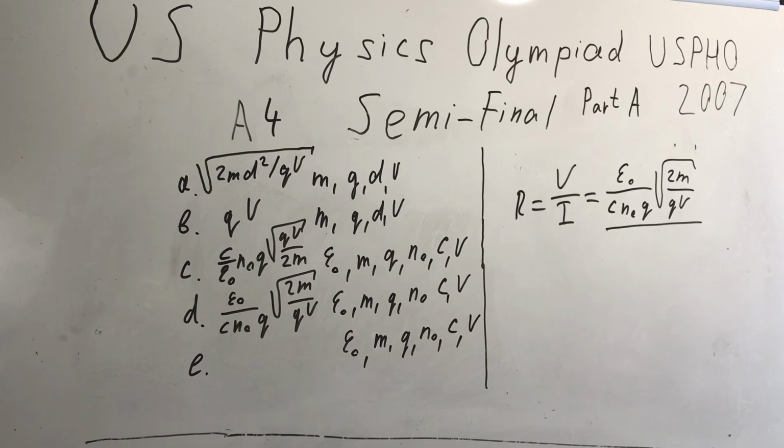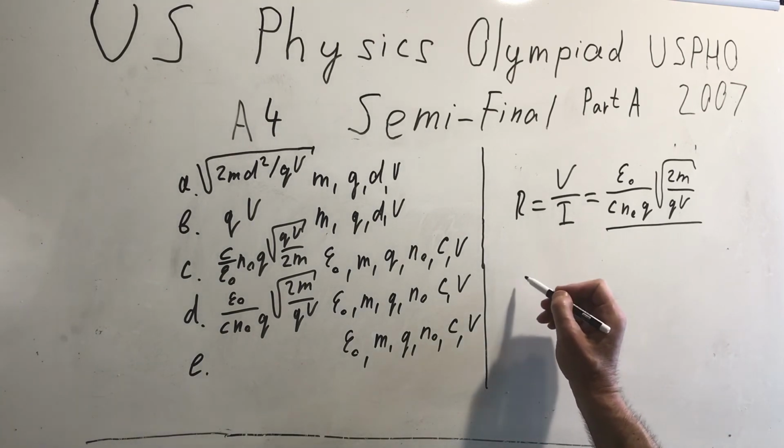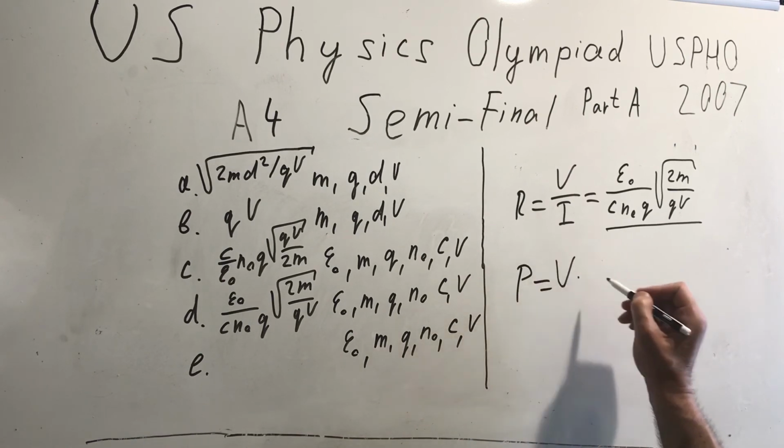And the last question is to calculate the rate at which the kinetic energy of the balls is converted into thermal energy in terms of the same parameters. We know that this rate, or the power, is equal to voltage multiplied by current.